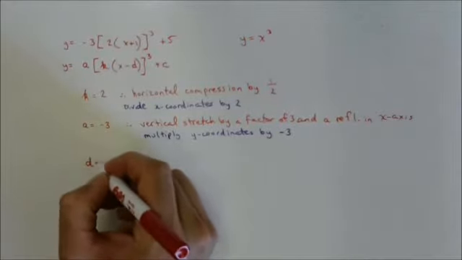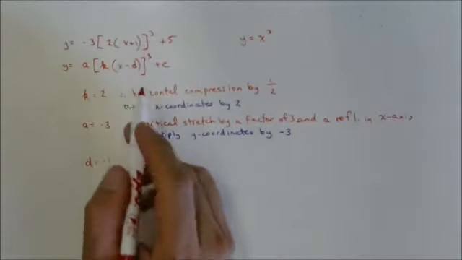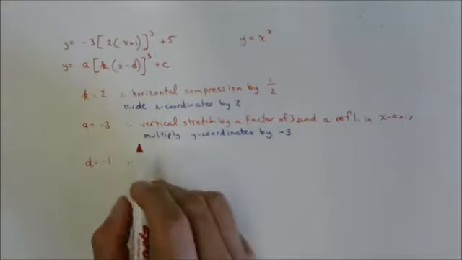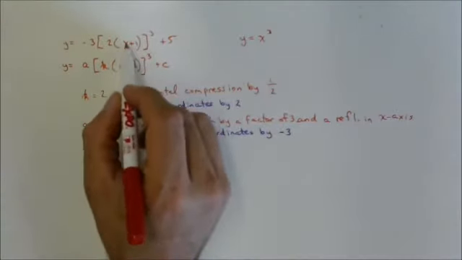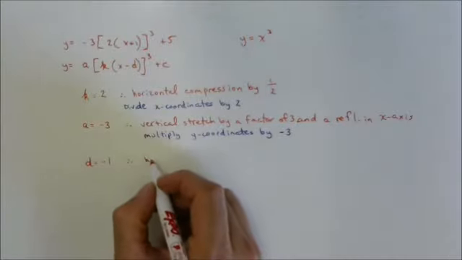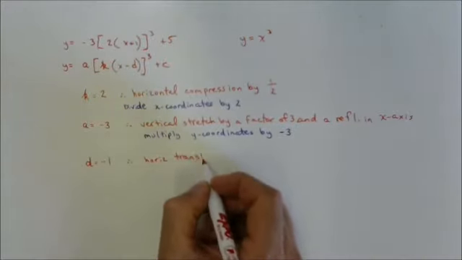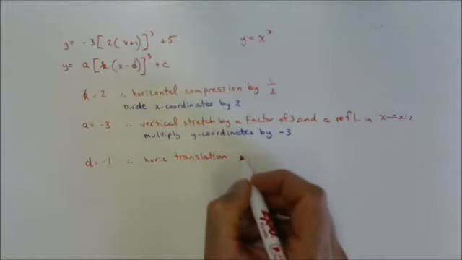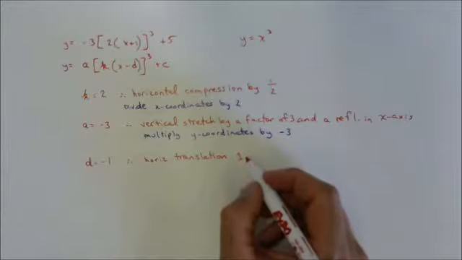So we've got d equals -1. That is a horizontal, sorry, not -1. D equals, I copied down, oh no, there it is. Yep, d equals -1. Therefore, horizontal translation, 1 left.